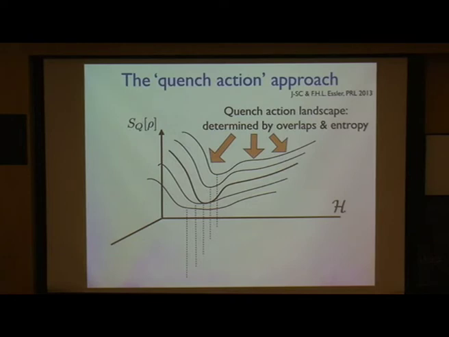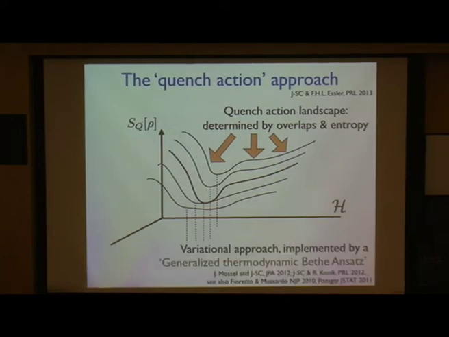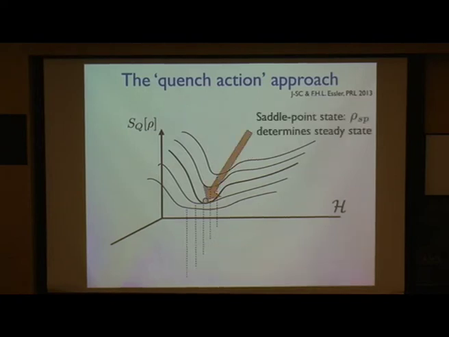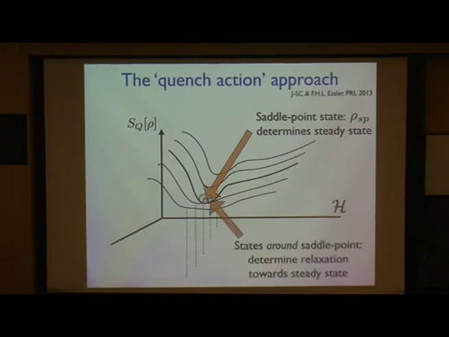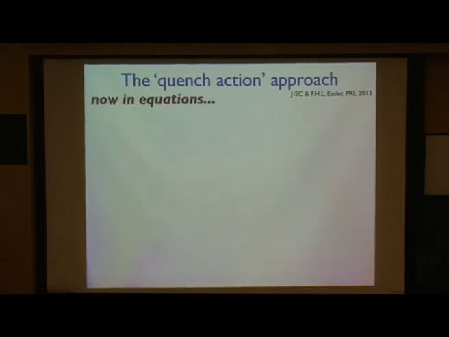You can write it so that it is bounded from below and has a well-defined minimum, and then you can do a saddle point evaluation that looks very much like a thermodynamic Bethe ansatz, which gives you the steady state a long time after the quench. And the approach to the steady state, the relaxation processes, are completely described by looking at the vicinity of this saddle point. That's the philosophy behind it.